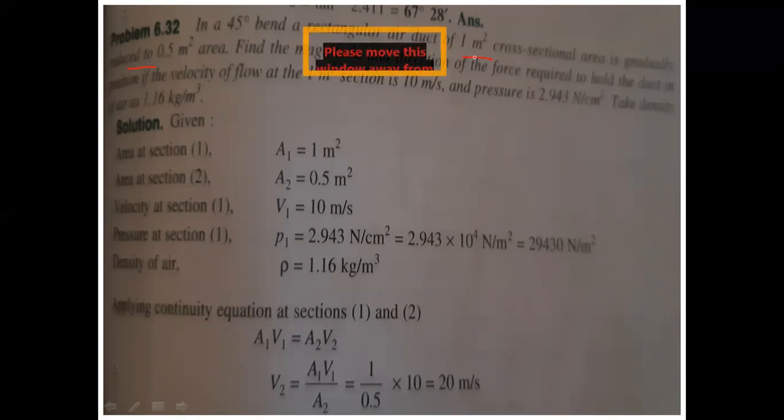That means the 1 meter cross section gradually goes to 0.5 meters, so the area has reduced. Find the magnitude of the force required to hold the duct in position if the velocity of flow at the 1 meter section is 10 meters per second and the pressure is 2.9. Take the density of air as 1.16 kg per meter cube.